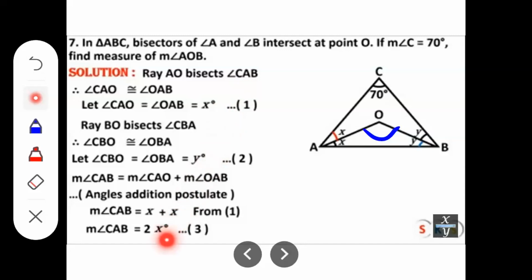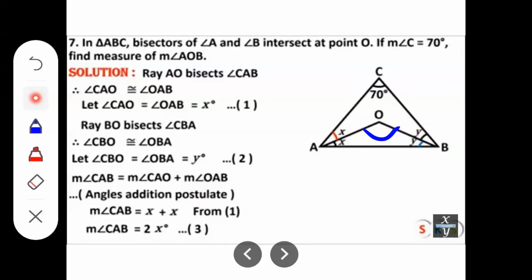In equation 1, write the names of those two angles, each equal to x degree. In the second equation, write the names of those two angles, each equal to y.